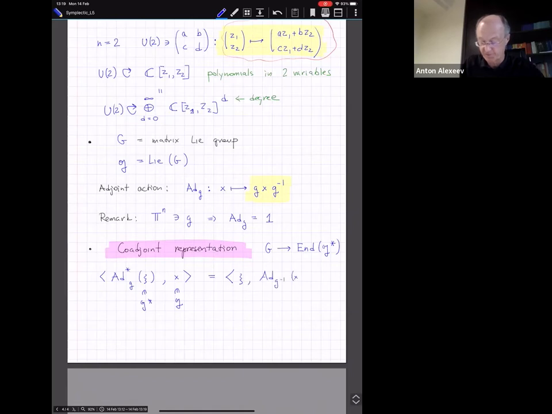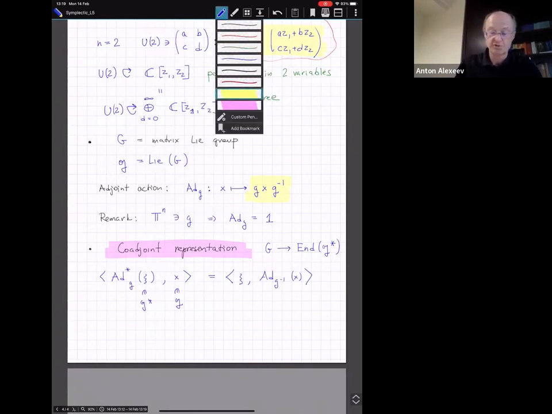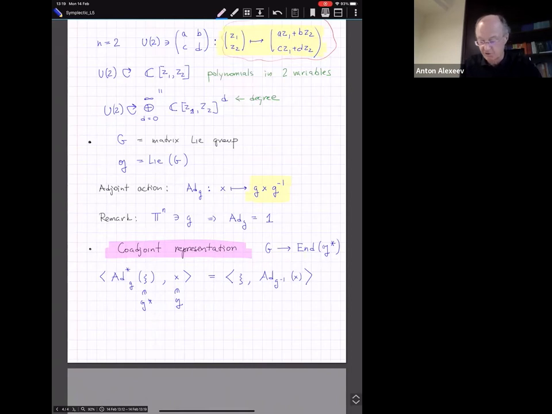So that's the formula. We know what Ad g minus 1 is, and this uniquely defines a linear operator Ad star g. Notice there are two interesting things: here it is g, and here it is g minus 1.